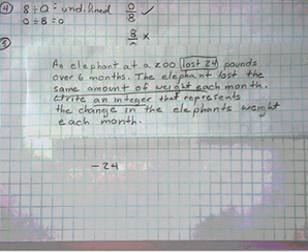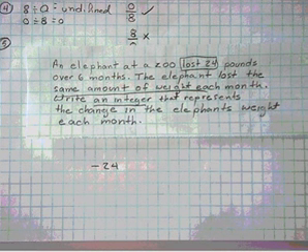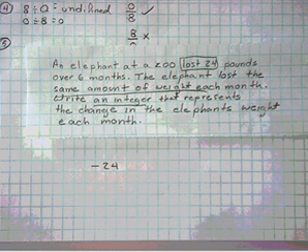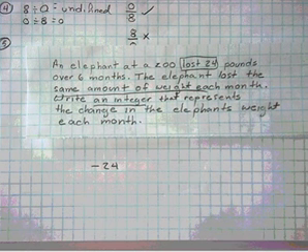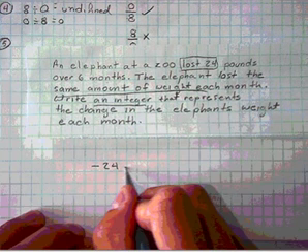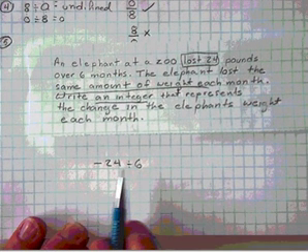Josh, what do I do with the 6? Do I do 24 divided by 6, or do I do 6 divided by 24? You do 24 divided by 6. I love it, yeah.